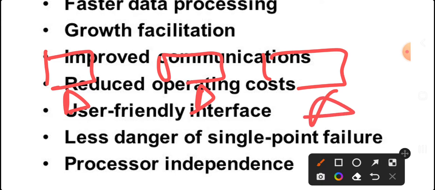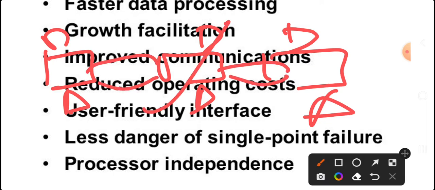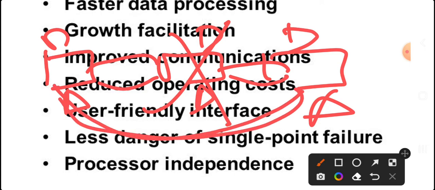Consider that this one has some database, this one has some database, and this one also has some database, all connected to the network. If this single system fails, you can communicate with the other systems in the network. We won't completely stop the communication, because we can communicate through other systems also. So it is a benefit of going for a distributed database management system.